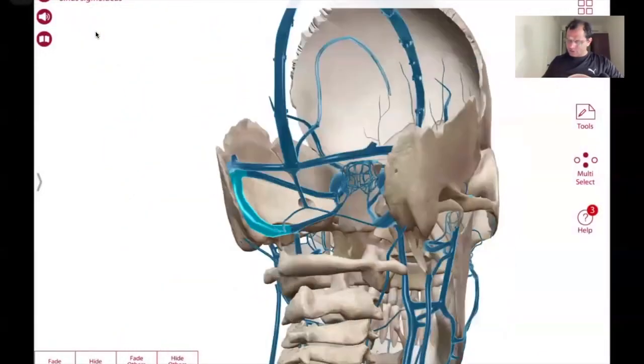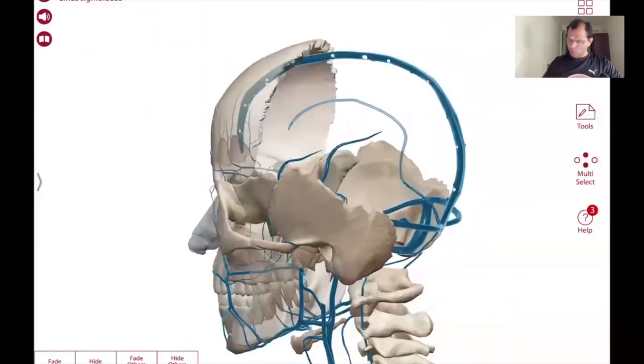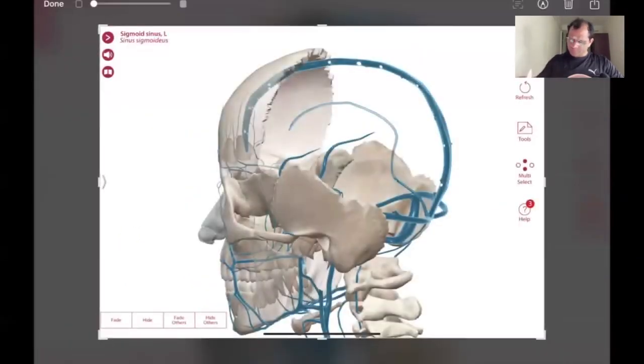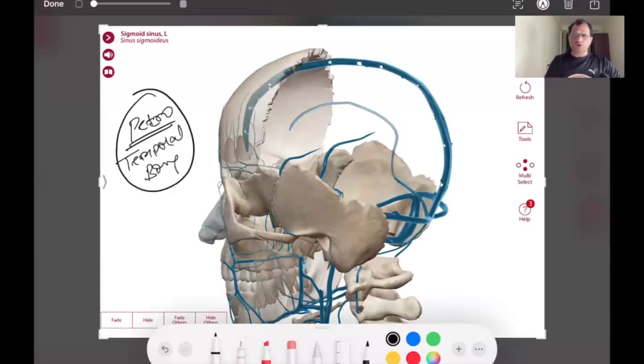Actually, when we talk about petro, the word has a connection with the temporal bone.